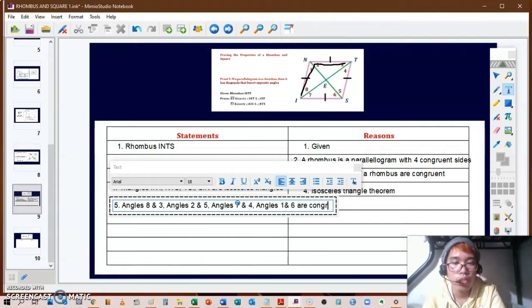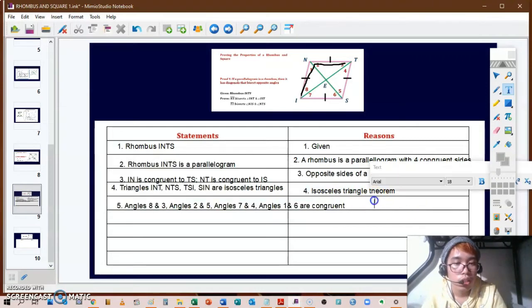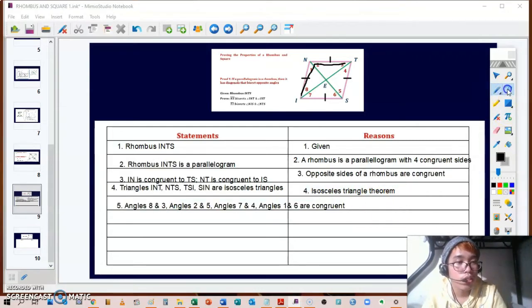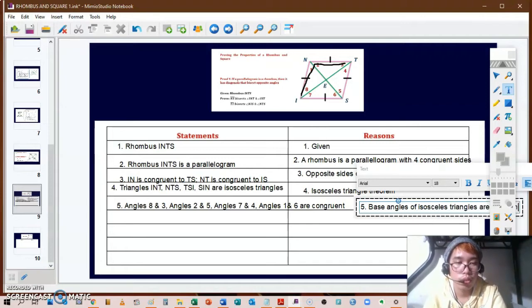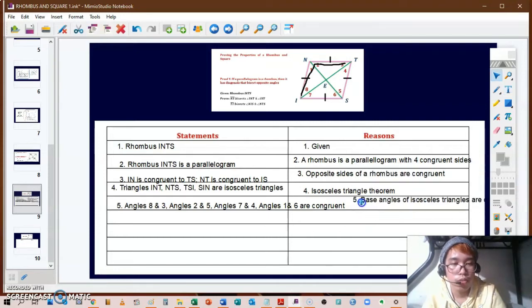So those pairs of angles are congruent because the base angles of isosceles triangles are congruent. So we can write this as our 5th proof.